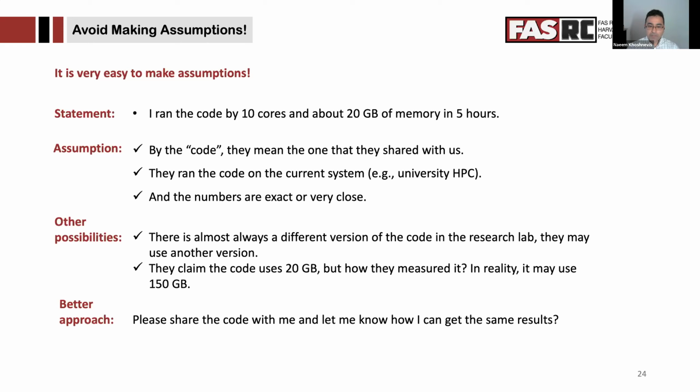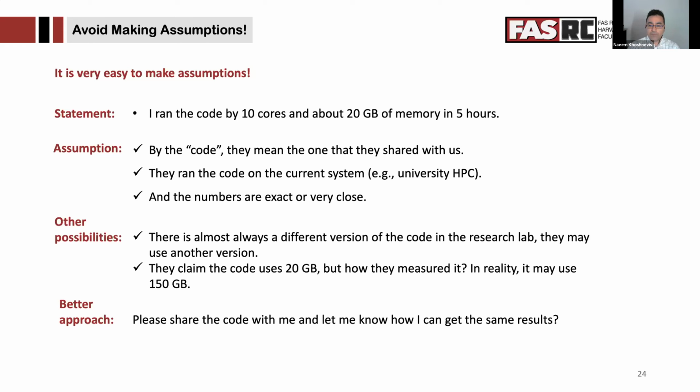But other possibilities are there. There's almost always a different version of the code in the research lab, and they may be using another version. So you should not make assumptions about that. And also about claiming that they use 20 gigabytes of memory: in reality, they may use 150 gigabytes of memory, because some nodes have 500 gigabytes in them, and you may use the RAM on the system.